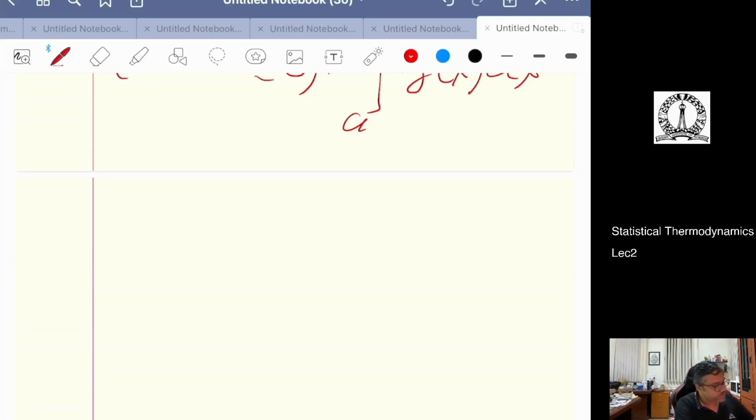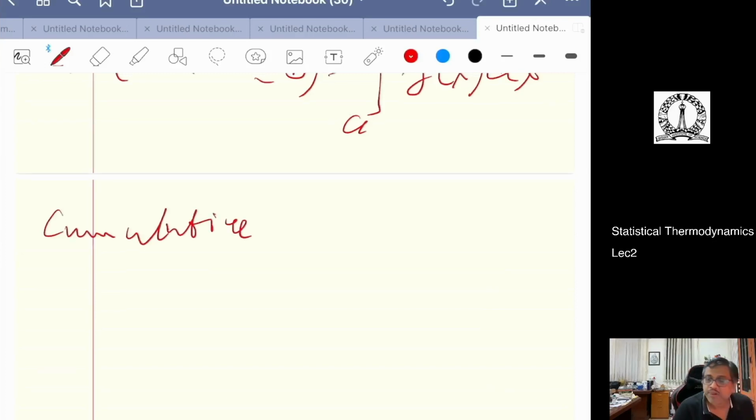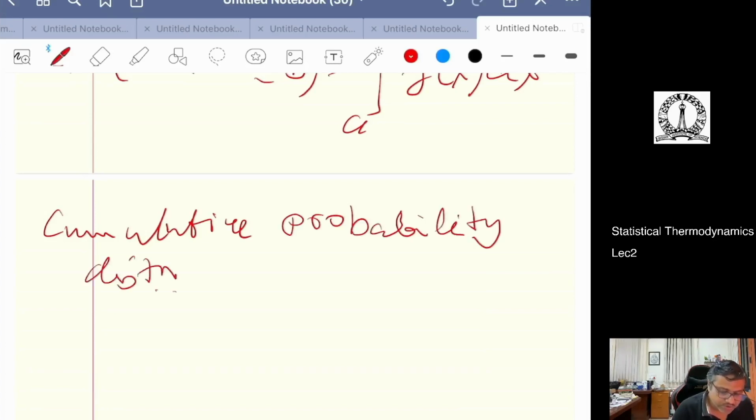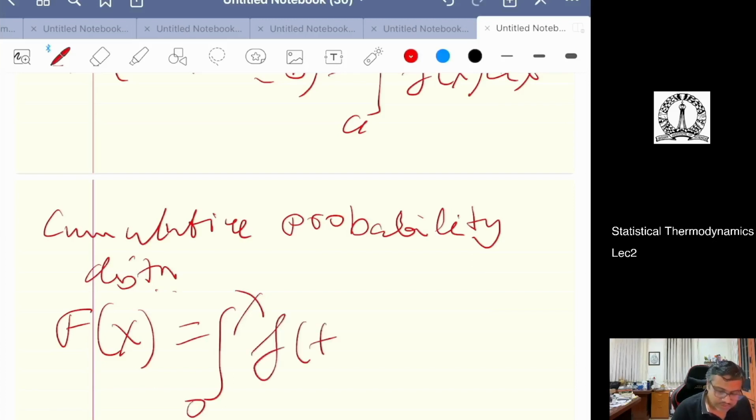Okay. So there is also something we call the cumulative probability distribution. Let's call that F(x). F(x) is nothing but the integral from 0 to x, where the integration variable is a dummy variable.